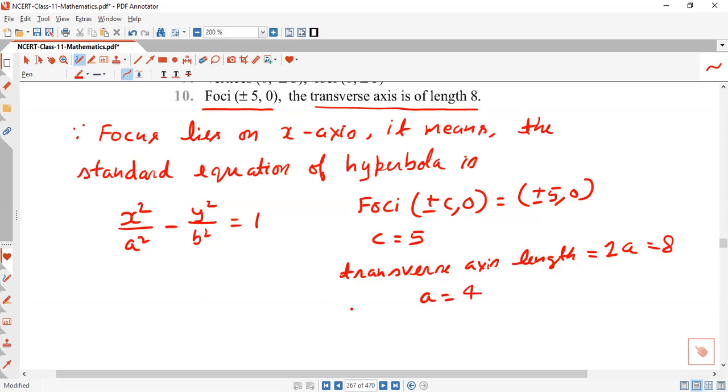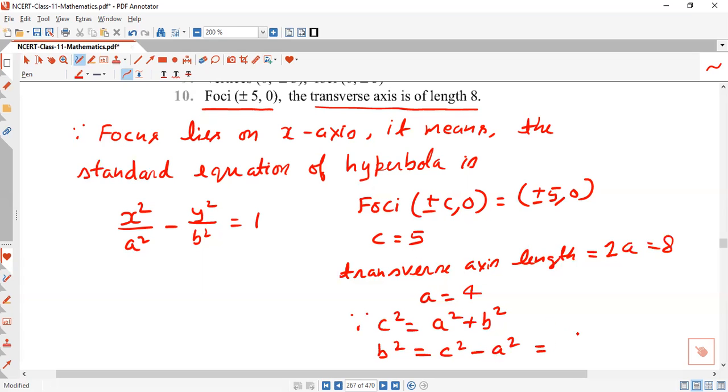Now we have to find out the value of b square. Since c square equal to a square plus b square. In case of ellipse, it is a square minus b square. But in case of hyperbola, c square equal to a square plus b square. Now we have to find out the value of b square. So b square will be equal to c square minus a square.